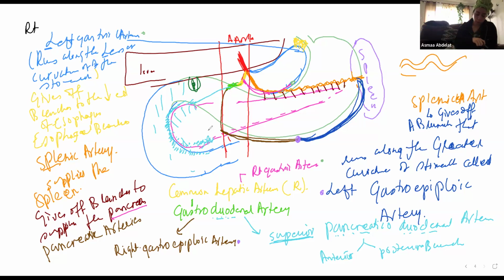Well, earlier you said it gives off 2 branches. No, common hepatic. You can say it will give off 2 branches, the right gastric artery and the gastroduodenal artery. Did that make sense? Your gastroduodenal artery then further gives off the right gastroepiploic artery and the superior pancreaticoduodenal artery.